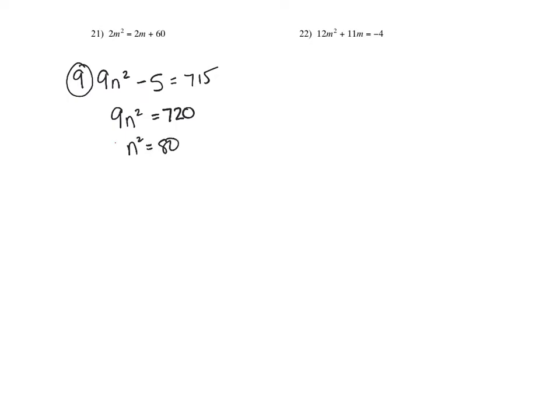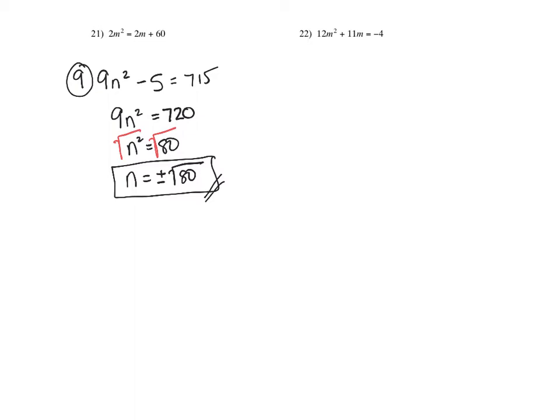And then to undo that squared, we're going to square root both sides. Now, please, please, please do not forget that when we take the square root of something when we're solving, we need that plus or minus out in front because we could have a positive answer or a negative answer. So this right here is my answer. I'm not going to worry about simplifying under the radical.